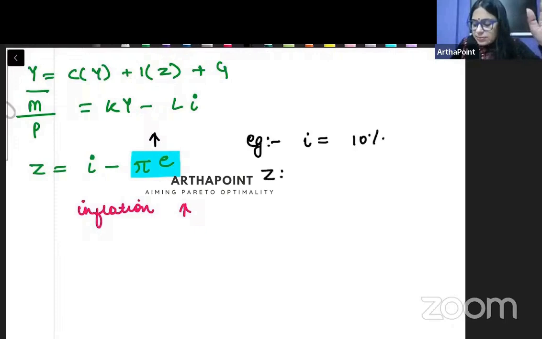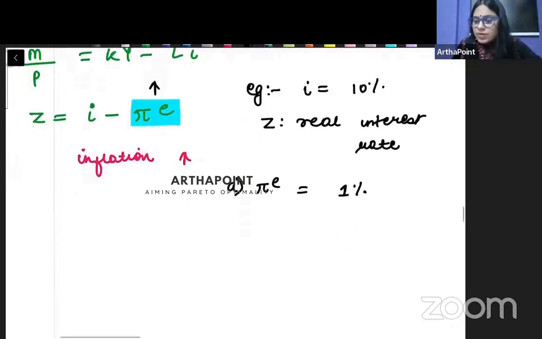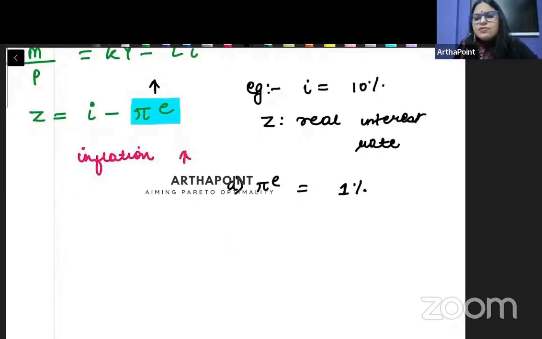But Z represents the real interest rate. Suppose inflation in the economy was 1% till now. Can you tell me what the real interest rate will be? The real interest rate can be written as 10 minus 1. So it is 9%. Is that clear?